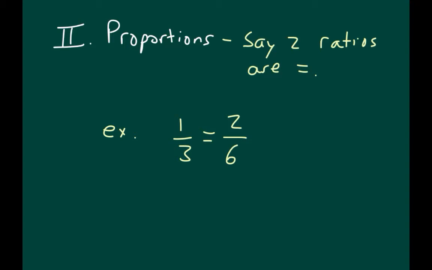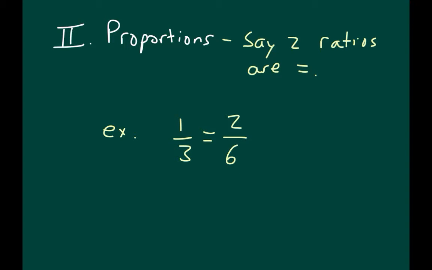Good? So you could test if something's proportional. So say the book gives you something like this, 1/3 equals 2/6, and you're trying to figure out, well, is that a proportion? Are the two ratios actually equal like they say they are? And there's a couple ways to do that.